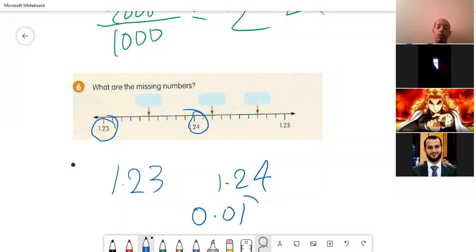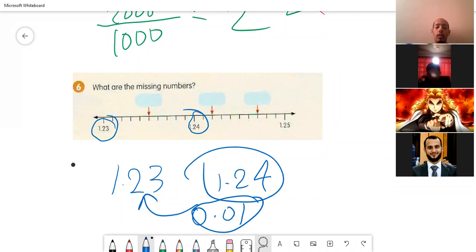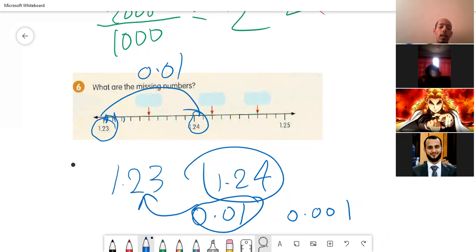If you add 0.01 to this, you get this. What does that mean? It means the smaller divisions between them are going to be in steps of 0.001. Between this and this is 0.01, but between the smaller divisions it is going to be less than this, right?